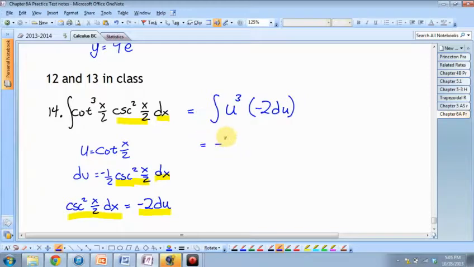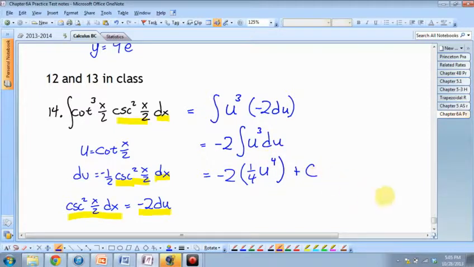That's equal to negative 2 integral of u to the 3rd power du, which is negative 2 times 1/4 u to the 4th power plus constant.